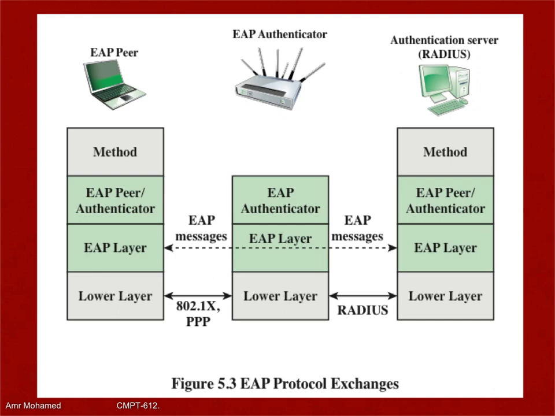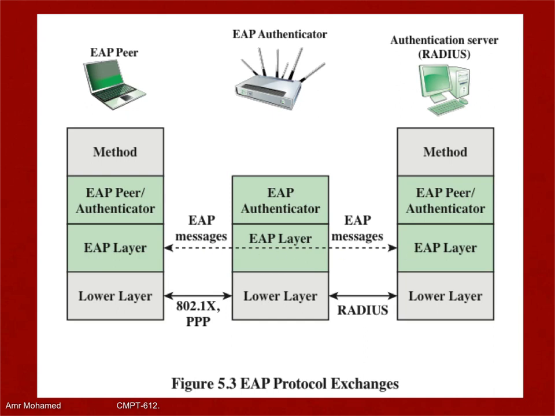Okay, of course, this can in fact be integrated inside the authenticator device, physically. But in terms of layered architecture, it could be separate. The EAP messages, we call them pass-through messages.